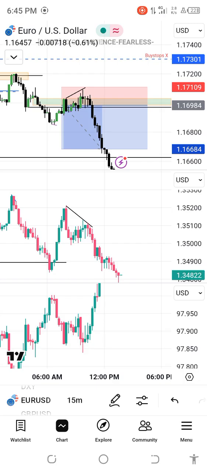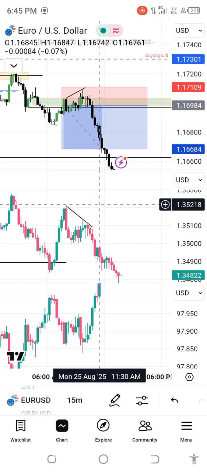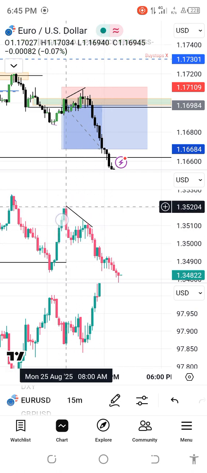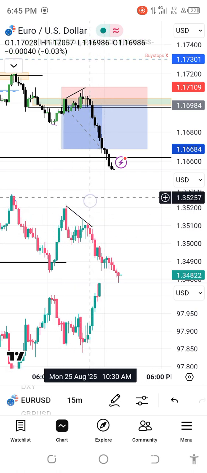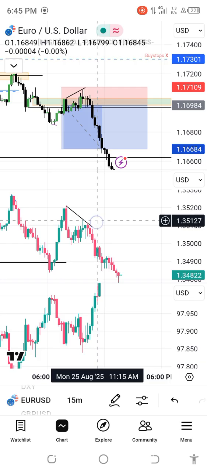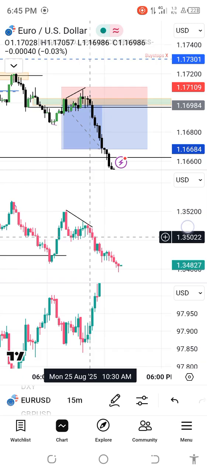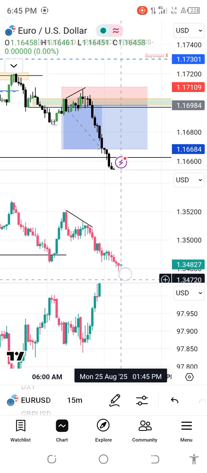So usually it's safer, it's more ideal to take shots when you have the SMT pointing towards the direction where you want the market to go. But I just chose not to because, given the fact that today is a banking holiday for the pound, see how choppy the price was.